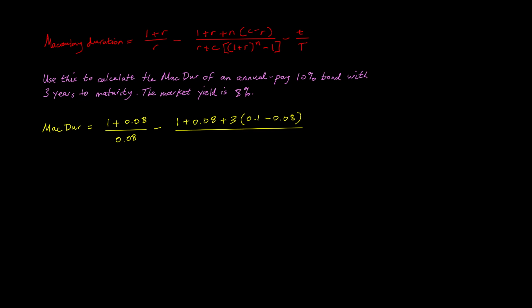Turning attention to the denominator, R, 0.08, plus the coupon rate, 0.1, open square brackets. Start with 1.08 to the exponent of 3, minus 1. Close square brackets. And then mercifully in this particular example, because we are on a coupon date exactly 3 years to maturity, the T over T term is 0 divided by 0, so we can effectively forget about that.